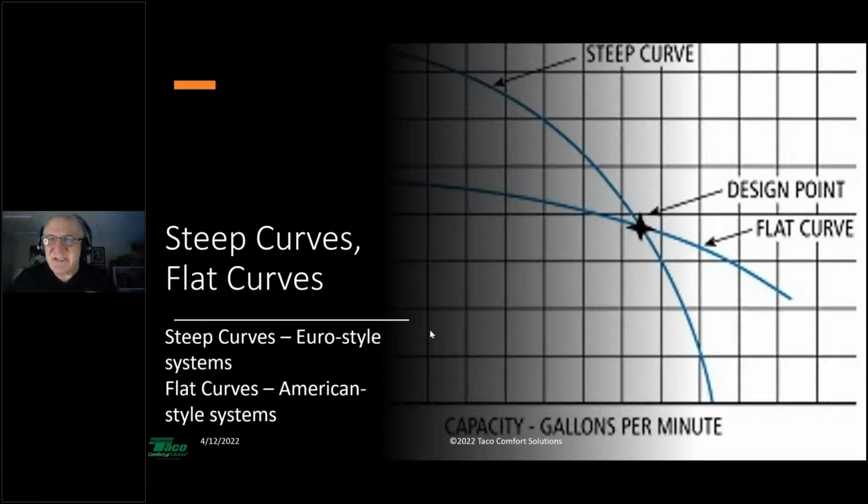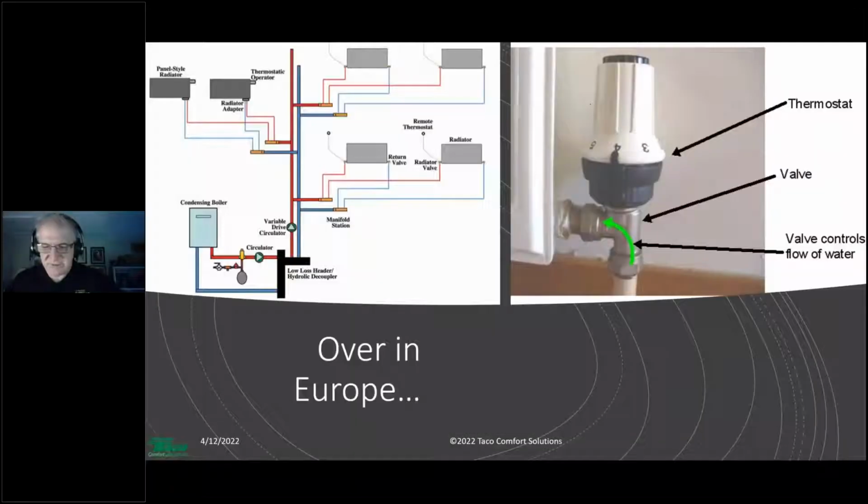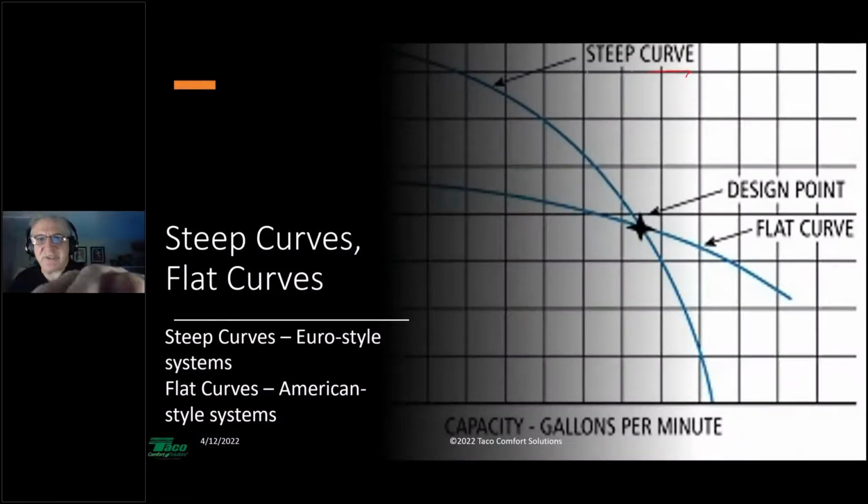In the residential realm, we have steep curve and flat curve circulators. A steep curve is known as a European style curve, while a flat curve is known as an American style curve. There's a reason for that. It has to do with the type of systems those particular circulators were designed for.